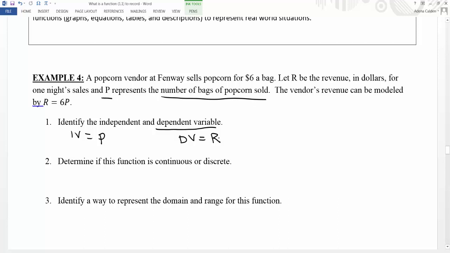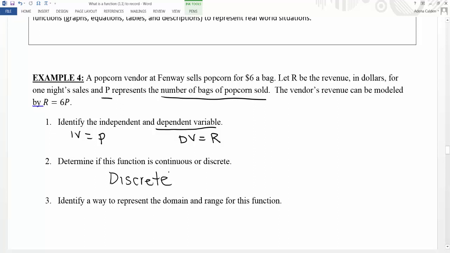It doesn't make sense to plug in something like 1.5. The vendor cannot sell 1.5 bags of popcorn because popcorn bags are individual units. So in this case, this function is going to be discrete because the types of numbers that we can plug in are set numbers and we can't plug in numbers between them.